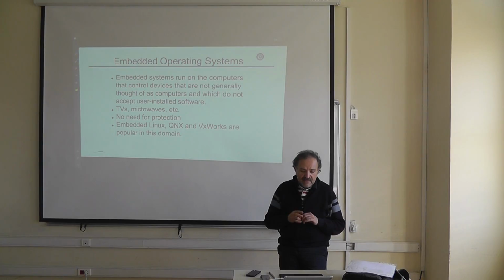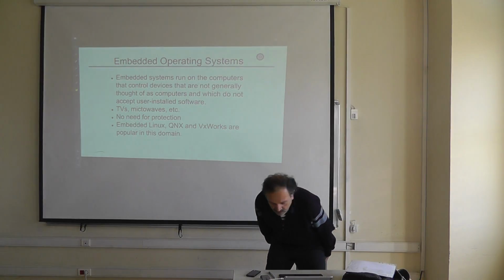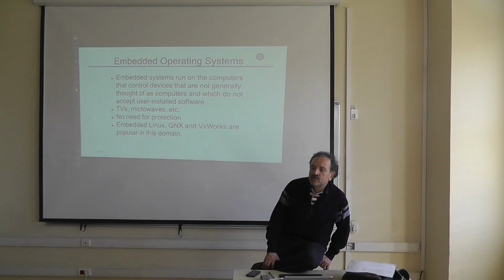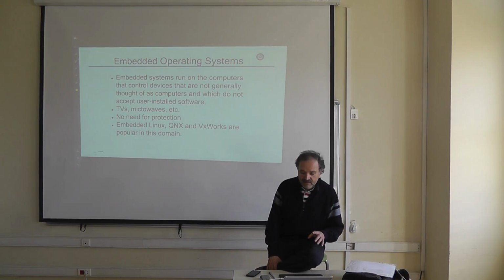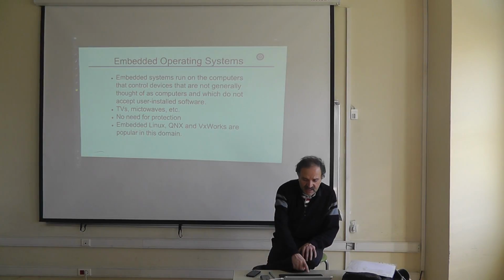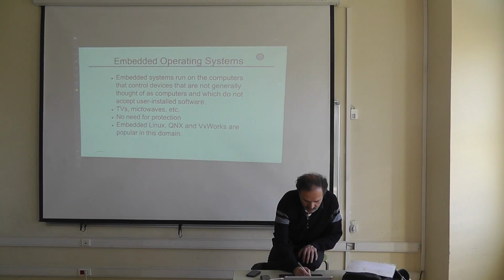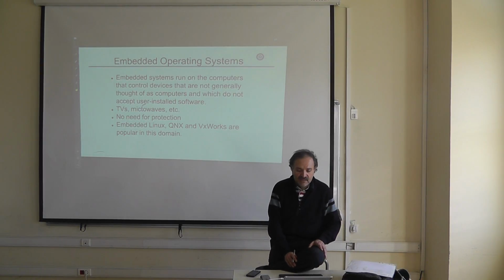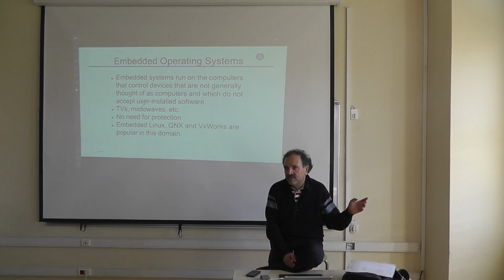Other than handheld operating systems, we have embedded operating systems. An embedded system is a computer. It has its own operating system on it, but it's a special computer because on an embedded system, you don't run your own software, right? What are the examples of embedded systems? TVs, microwave ovens, or your washing machines, or your dryers, whatever you can name.